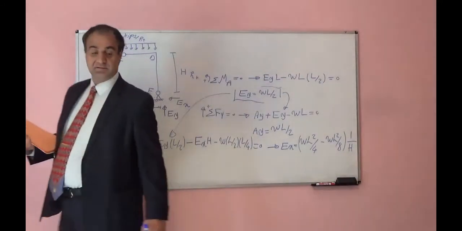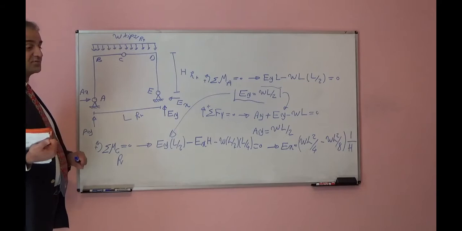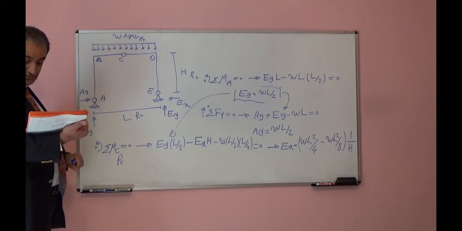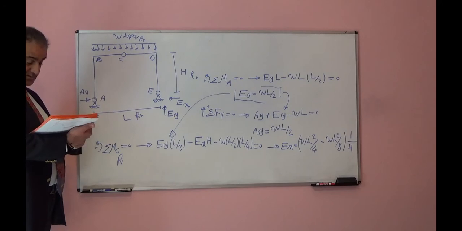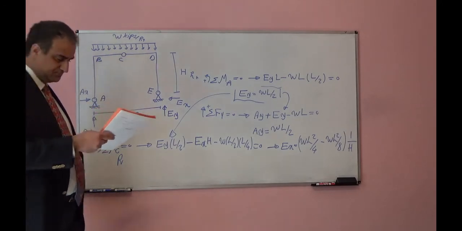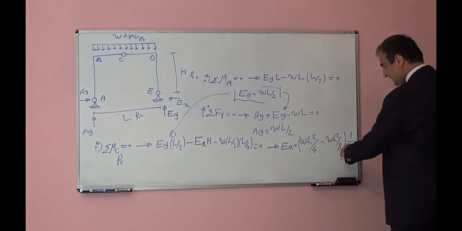So I found AY, EY, EX. Summation of forces in horizontal direction is equal to 0. Let's see. Okay, let me simplify this.